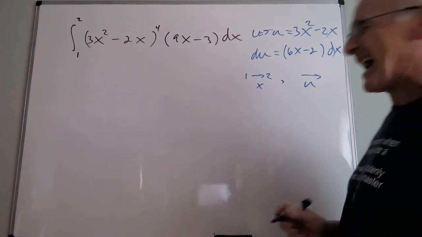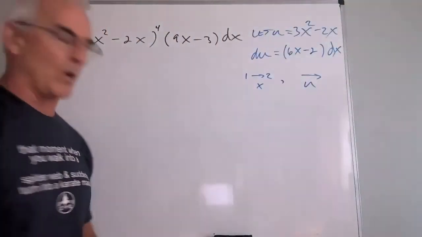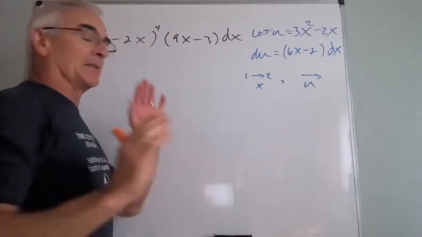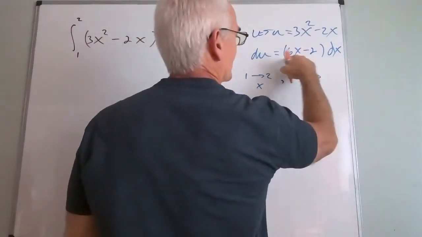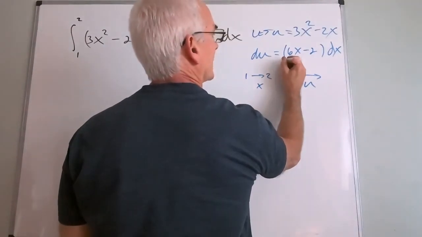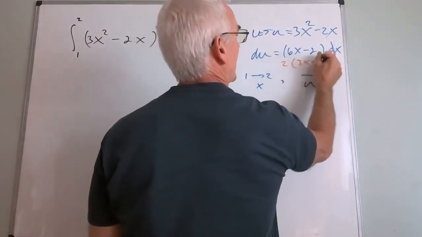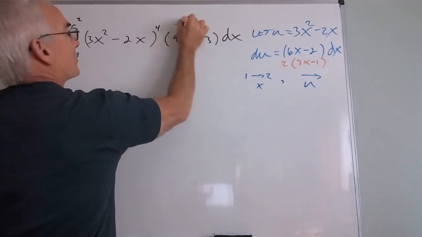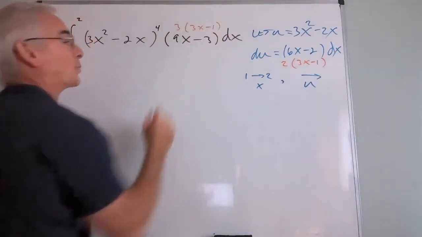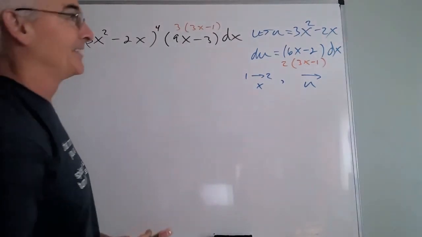But that's not exactly what I have. So what would be a good idea? Think about what factors. Factor it. Yeah, what factors? 2 times 3x minus 1. And then I go back to here. This 9x minus 3 is 3 times 3x minus 1. And this is a good thing, isn't it?